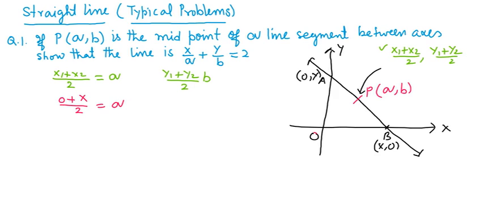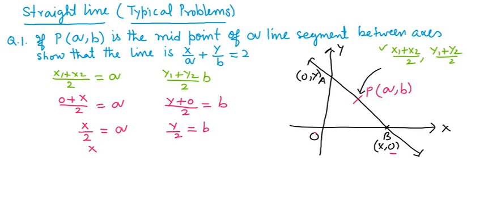In the same way, y1 is y and y2 is 0, so (y + 0)/2 is equal to b. That is, x/2 is equal to a and y/2 is equal to b.